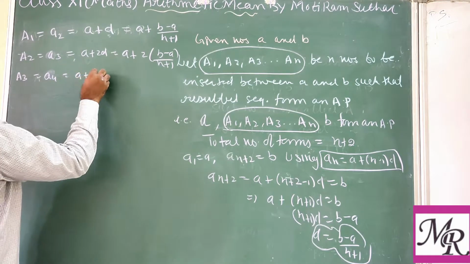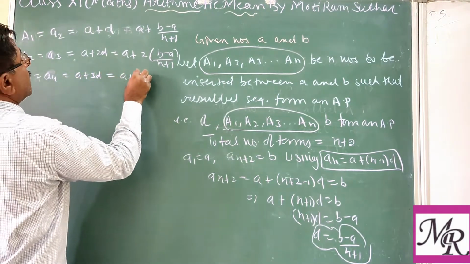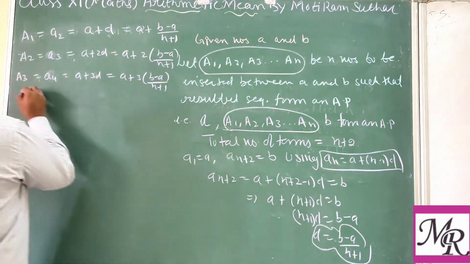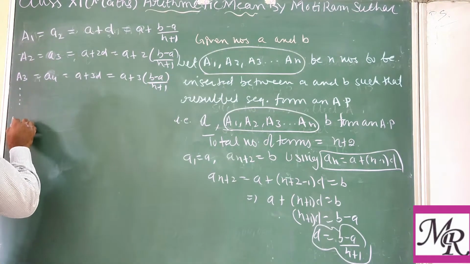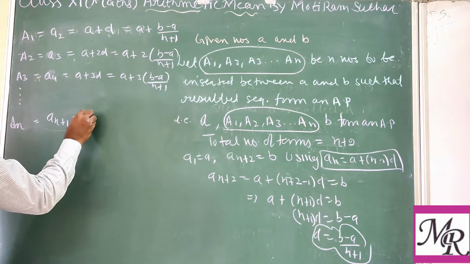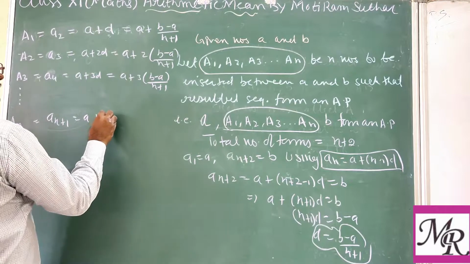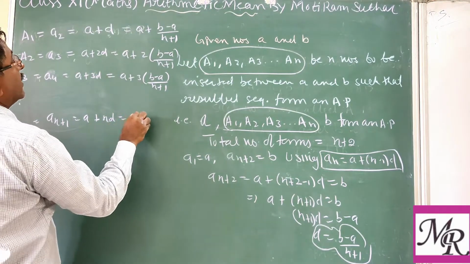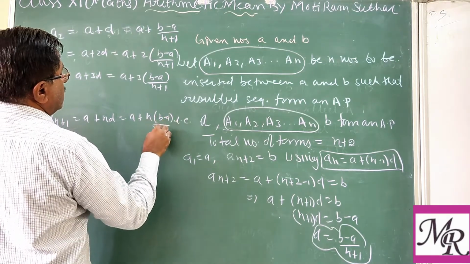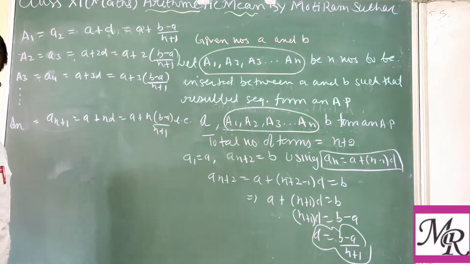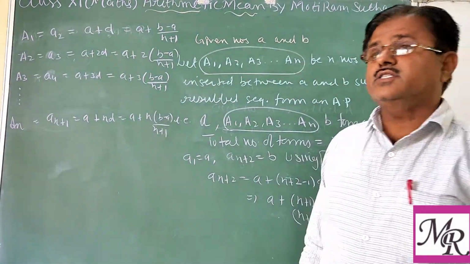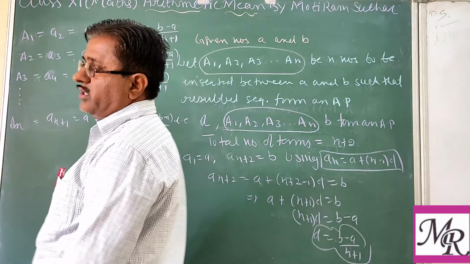A plus 3D means, in this way we can find An, which is A plus n into B minus A upon n plus 1. So in this way you can find all the inserted numbers between the given numbers.